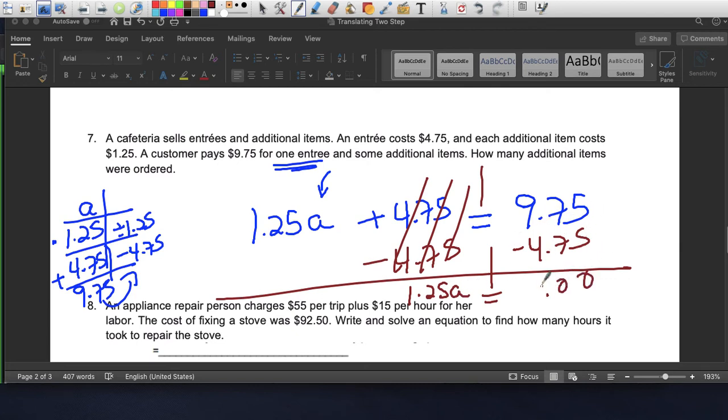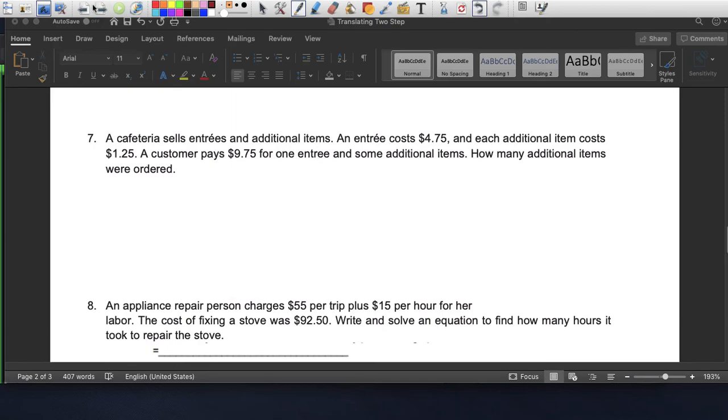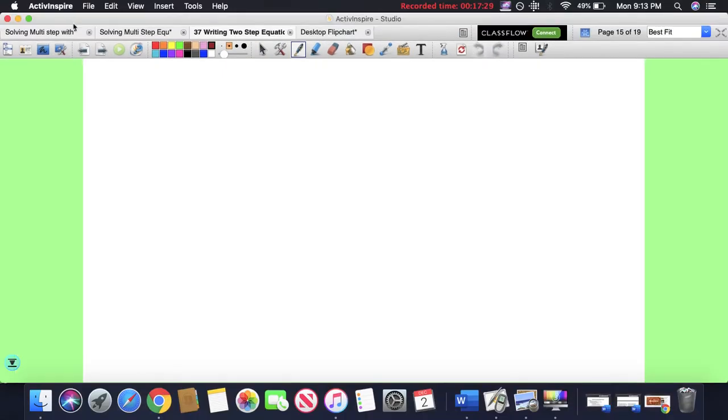So let's subtract that, which means you spent $5 on side dishes. So how many side dishes were you able to buy if each of them was $1.25? Divide by 1.25, divide by 1.25, and A equals 4. So you got one entree and 4 little side dishes. And that's what you're doing here.